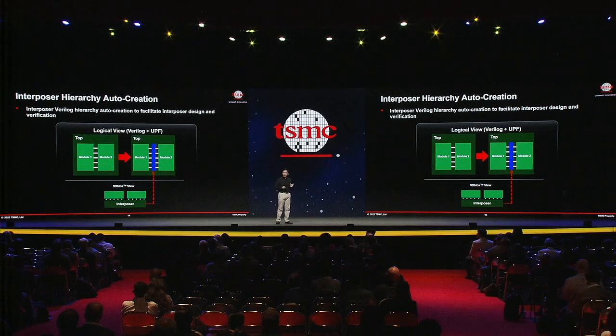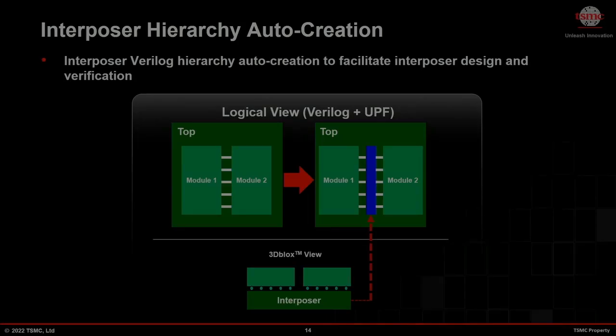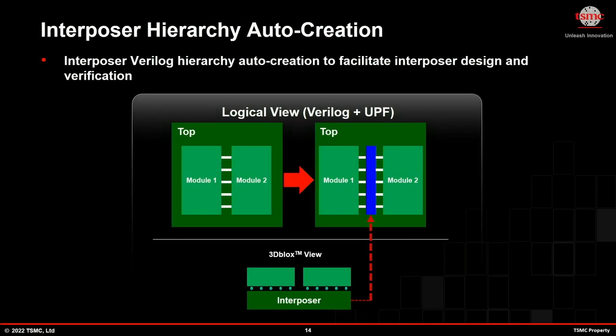The next thing is about the interposer hierarchy auto creations. In 3Dblox, the language itself will make sure it has a strong one-to-one mapping between the 3Dblox names and our top-level Verilog. So take this as an example. Look at the upper left one. We have a top-level Verilog with 2 modules, and each of the modules represents a chiplet.